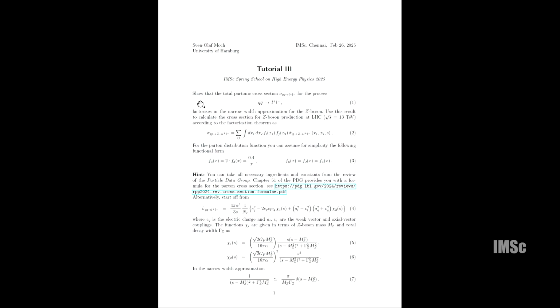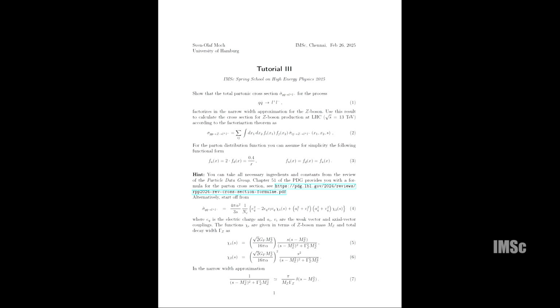So while you're thinking of questions, let me also say there is another tutorial. I hope it's also not a difficult one, where you're supposed to look at the Drell-Yan process, and then you can write down this general factorization formula. You can take some toy ansatz for the PDFs, and I've given you here the partonic cross-section at leading order, and you can do the kinematics considerations.